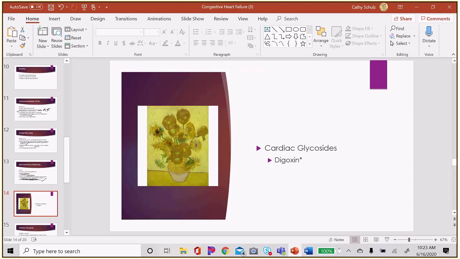And digoxin, the reason I have that picture here is a little trivia for you. That's a Vincent van Gogh painting. Apparently people used to use digoxin to treat depression, but in far greater doses than they were supposed to. And one of the adverse effects of digoxin is to see more yellow and to have yellow halos.